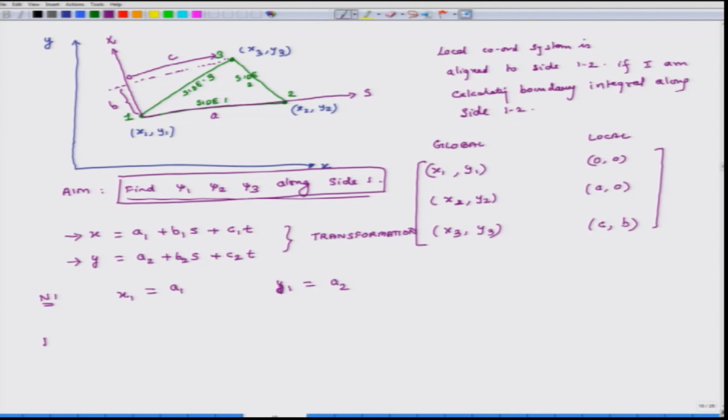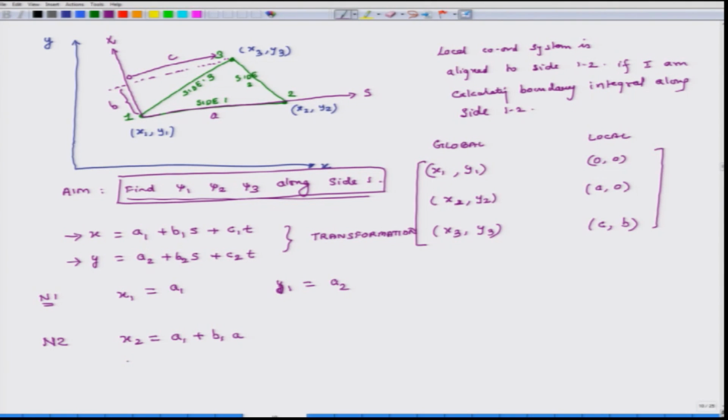Now let us look at node 2. What is the value of x at node 2? x2 is equal to a1 plus b1 times, what is the value of s? A, and what is the value of t? 0.